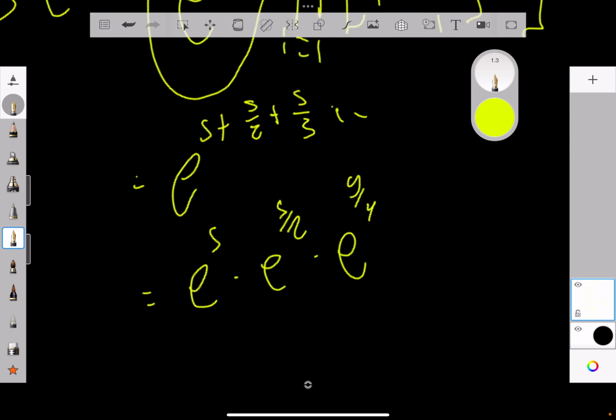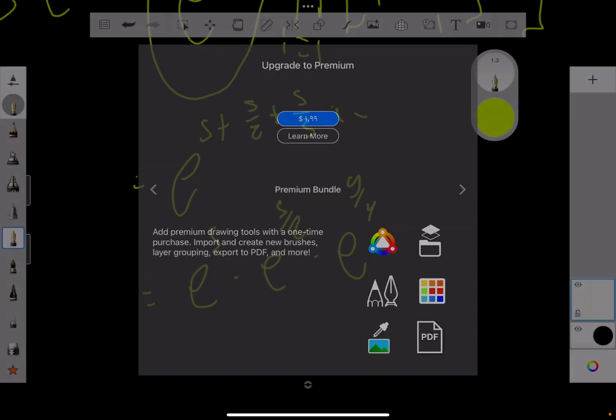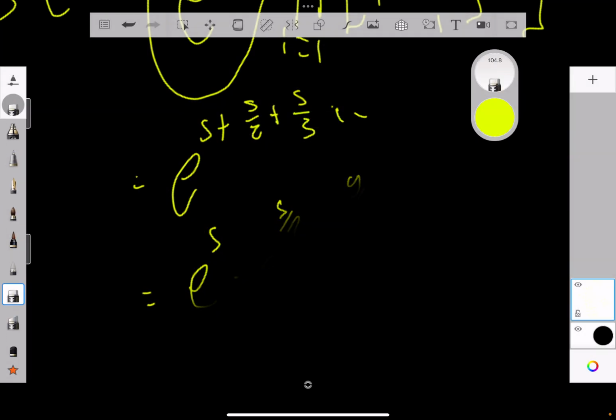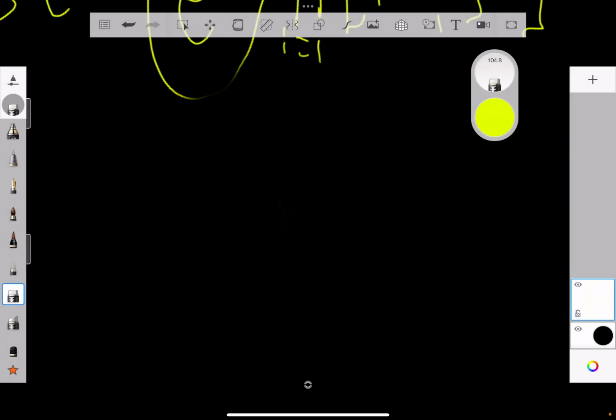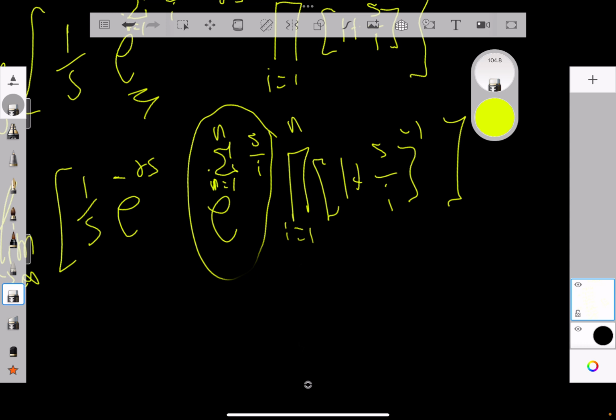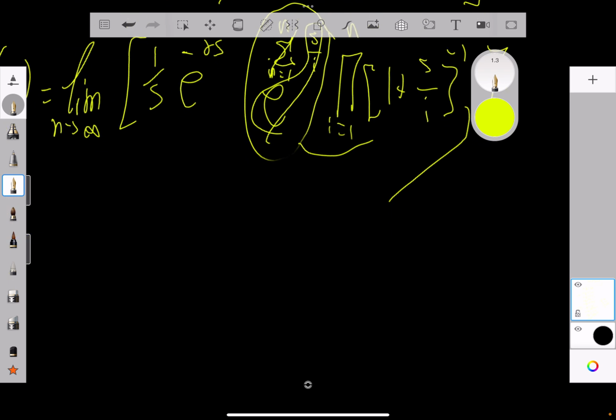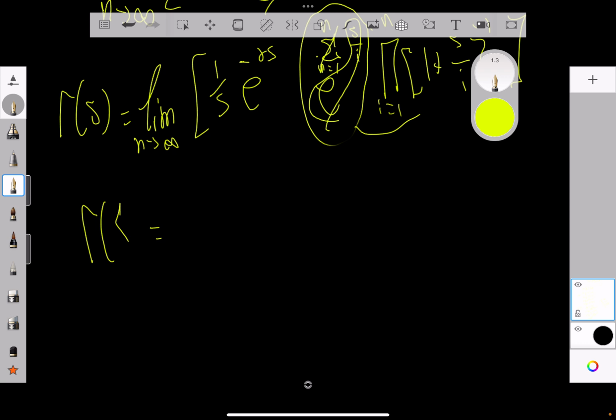So the sum in a power is a product of numbers. You know what I mean. So this is simply a product, but without a sum. So we can remove the sum and move this into the product. Nothing has changed.